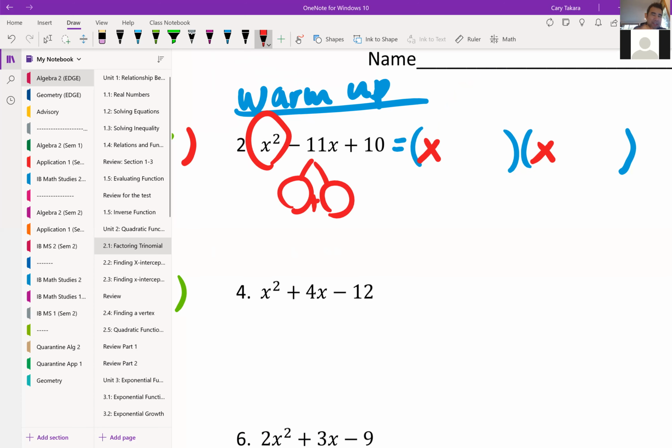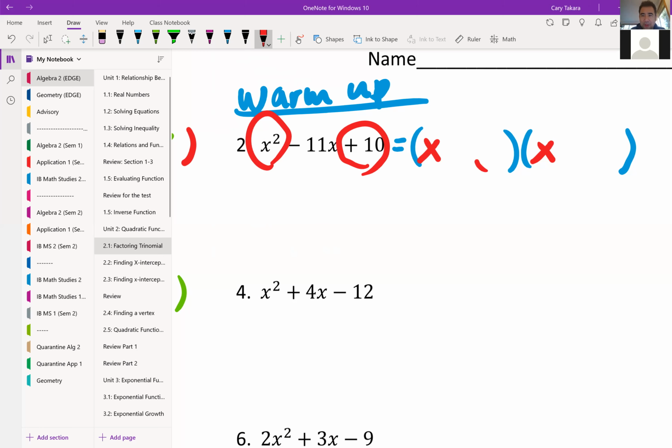You add some x's, like 5x and 6x or whatever, and then you get the negative 11x. But we don't quite know how you've gotten negative 11x yet. So you're going to skip that, but then you're going to focus on the last term, which is 10.